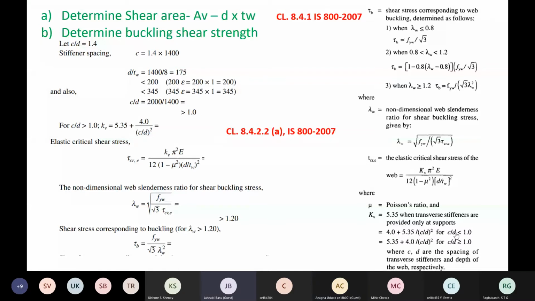So in the next step, we have to calculate non-dimensional web slenderness ratio for shear buckling stress. That is lambda W, given by root of FYW by root 3 tau CRE. So substitute the values here. FYW is 250 and tau CRE you just calculate it and see whether it is greater than or less than 1.2.